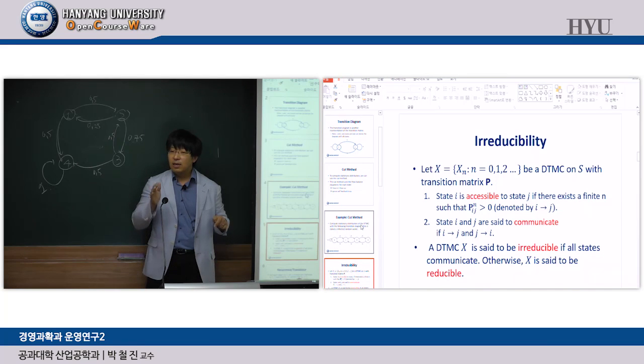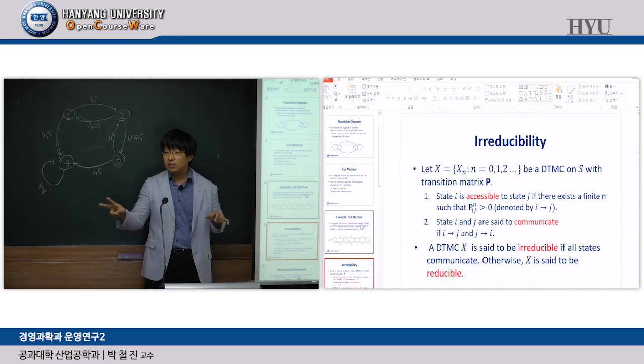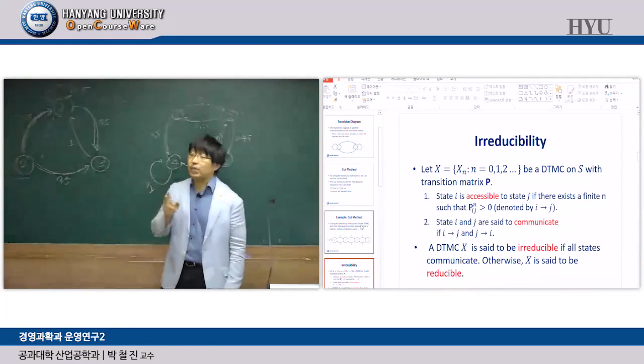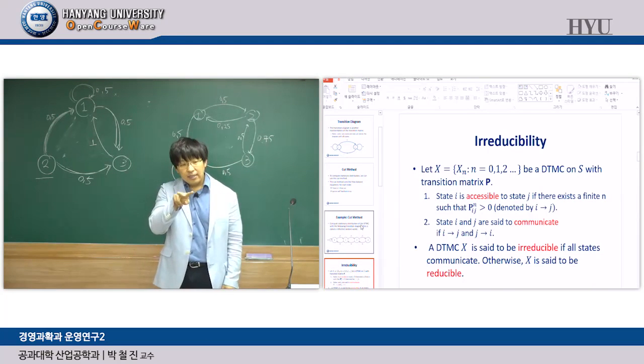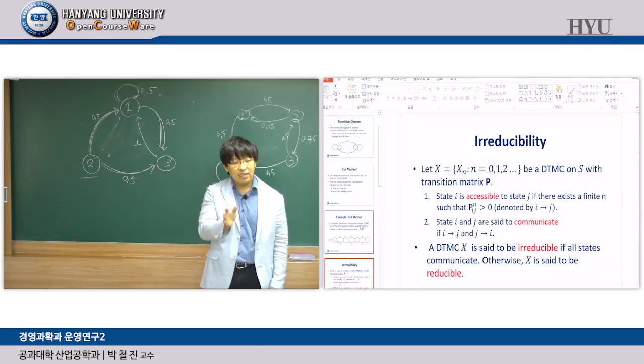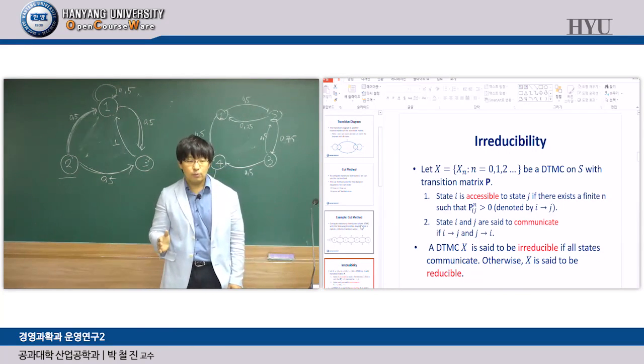Accessible or communicate are words about certain two states. But when we consider any pair of states and they can communicate with each other, then the whole chain is called an irreducible discrete time Markov chain.